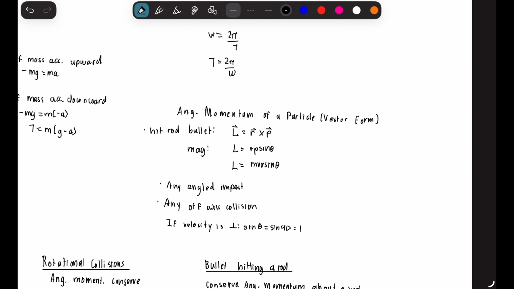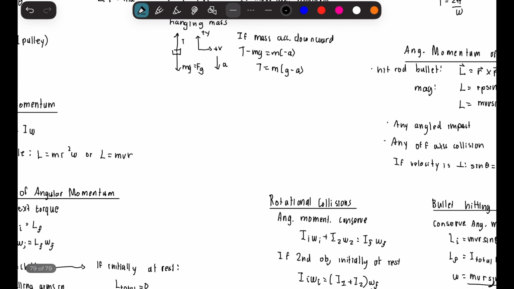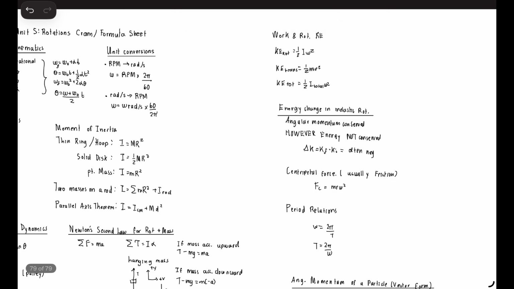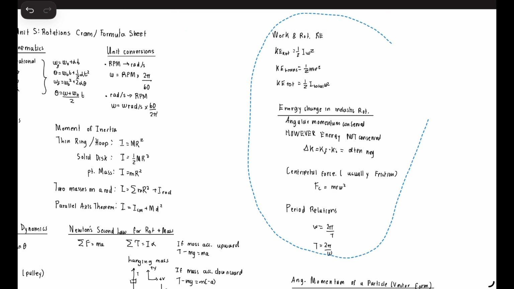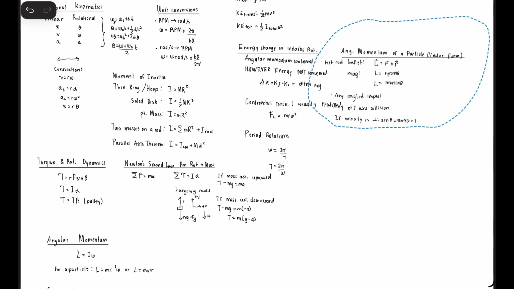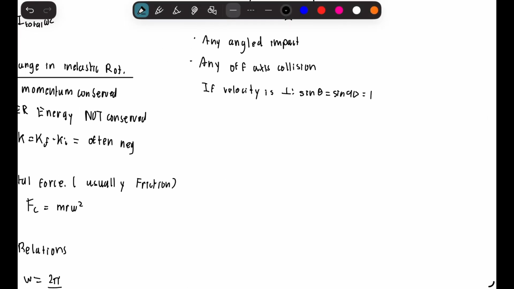Now, we can also discuss torque as a rate of change of angular momentum.